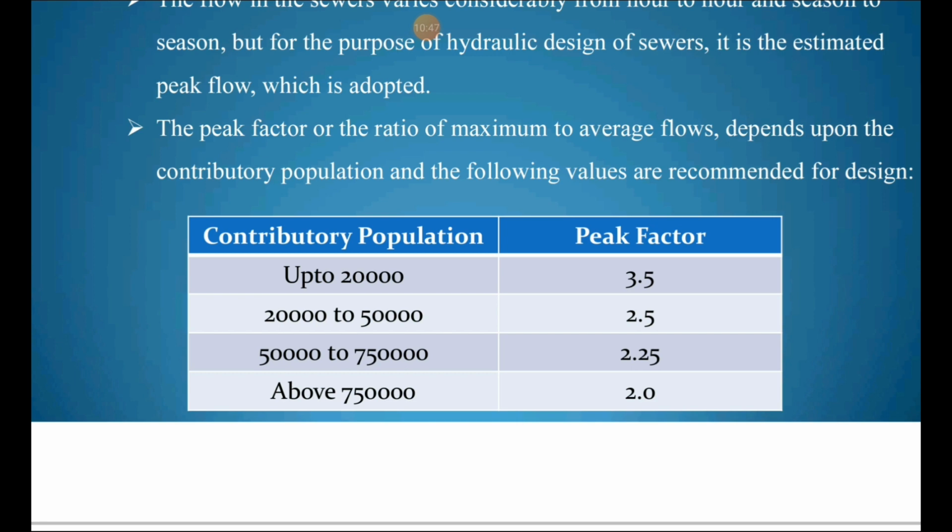For contributory population up to 20,000, the peak factor is 3.5. For population 20,000 to 50,000, it is 2.5. For 50,000 to 7,50,000, it is 2.25, and above 7,50,000, it is 2. So these peak factors one must remember for designing the sewers.